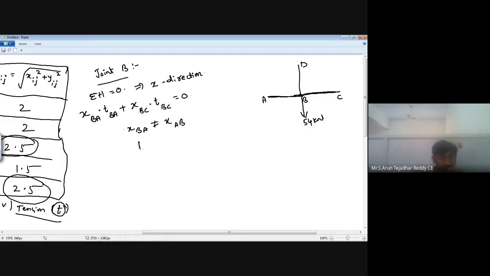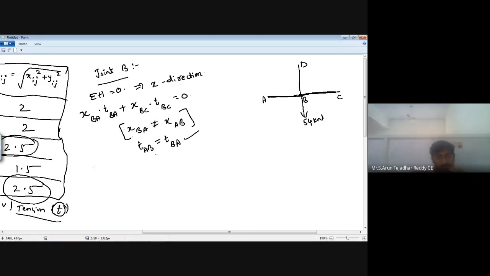But TAB is equal to TBA. This is tension coefficient, this is coordinate. Why this happens, I'll explain at the end of class.